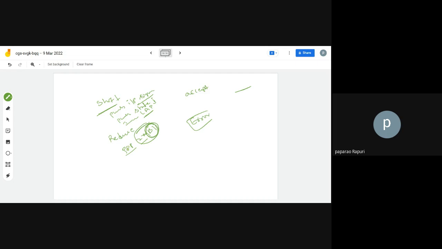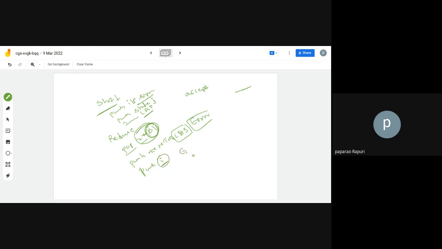After that, we need to push the non-terminal of LHS. In the same production, the LHS non-terminal has to be pushed onto the top of the stack. After that, we need to push I. What is I? That is the state.